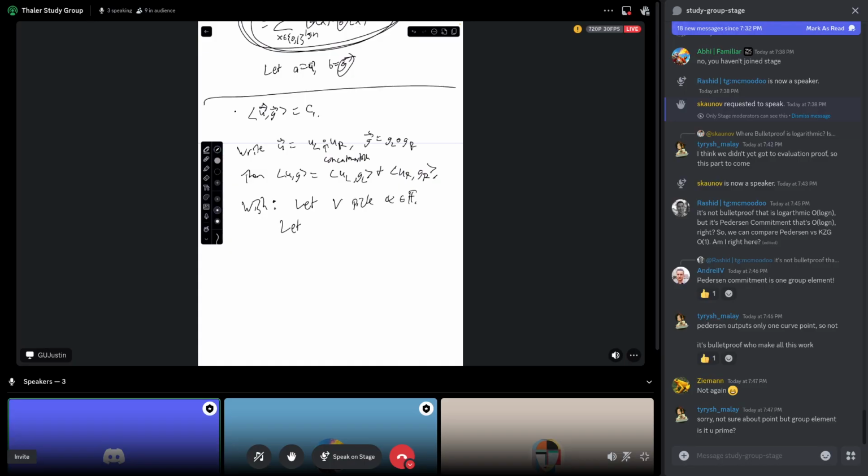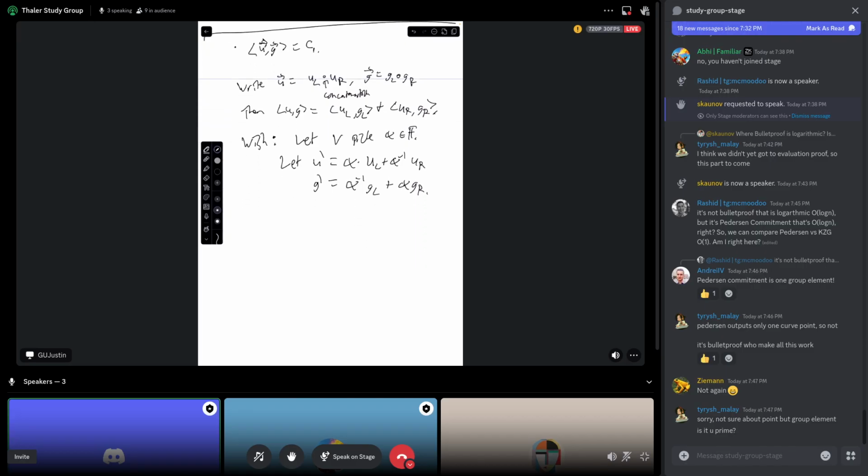And let's let U prime be the random linear combination of the left half and right half of U. So let's say it's alpha UL plus alpha inverse UR. And let G prime be alpha inverse GL plus alpha GR. And why do I have alpha and alpha inverse here and alpha inverse and alpha down here? We'll see. It's just to make some algebra a little nicer. It doesn't really matter in the end.